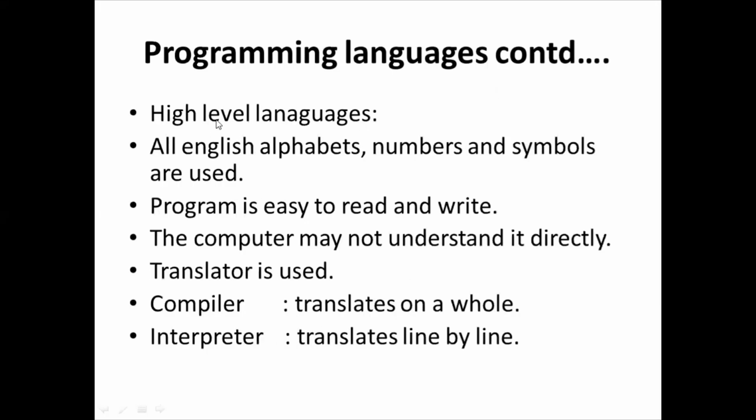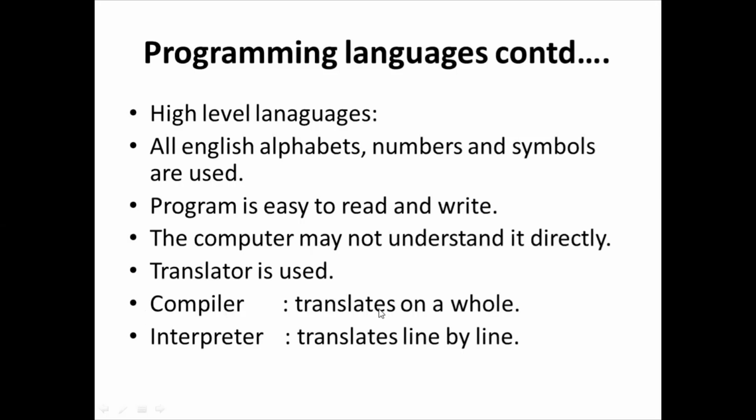Then we have high level languages, wherein all the English alphabets, numbers and symbols are used and the program is easy to read and write. The computer may not understand it directly. As the computer understands only machine language, here also a translator is used, and these translators are either a compiler or an interpreter.